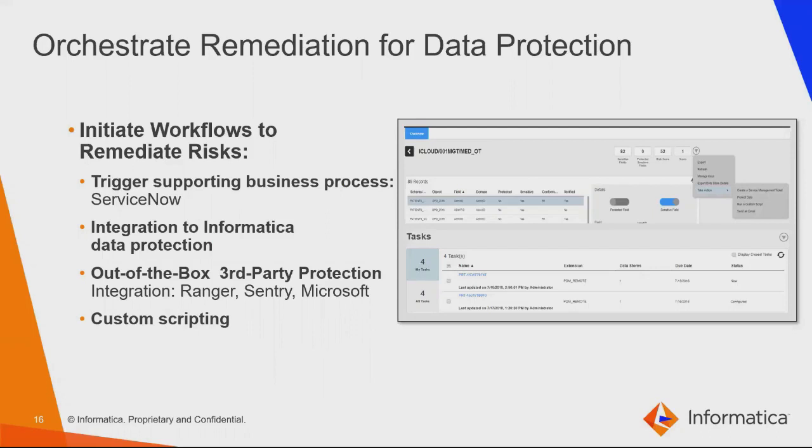If it's with Informatica's data protection, there is a native integration with persistent data masking. And there are out-of-the-box third-party protection mechanisms with Ranger, Sentry, and Microsoft. Or the other way is to do custom scripting to perform the remediation of a data set that has been found to be sensitive, and action has to be taken on that.